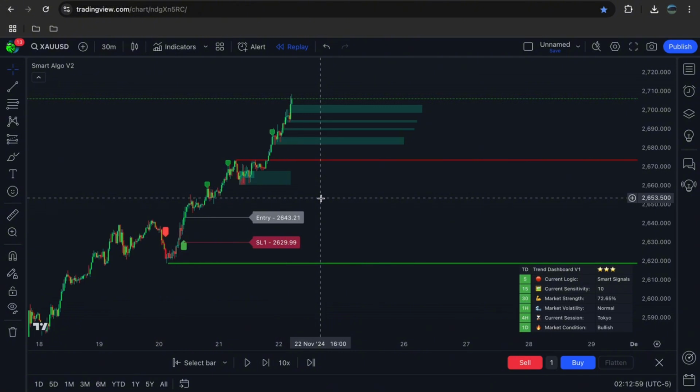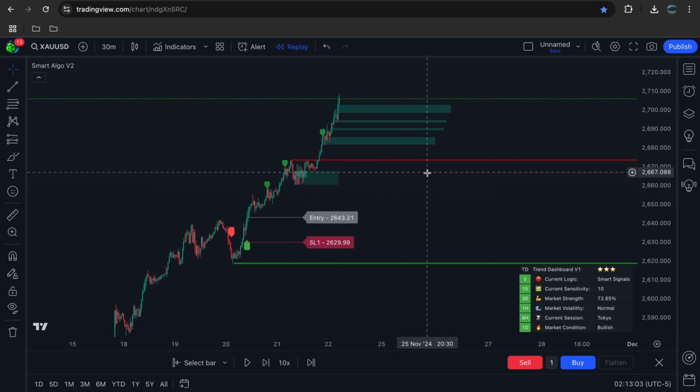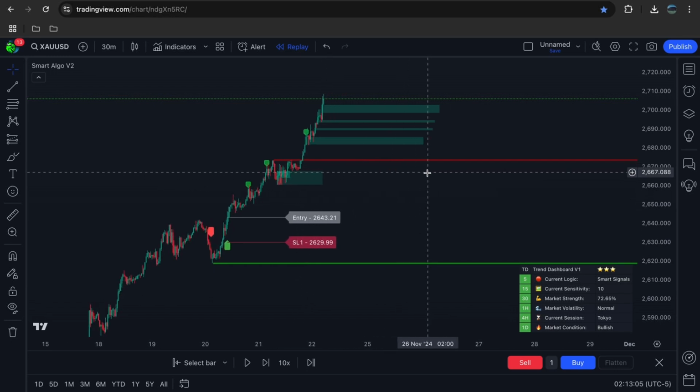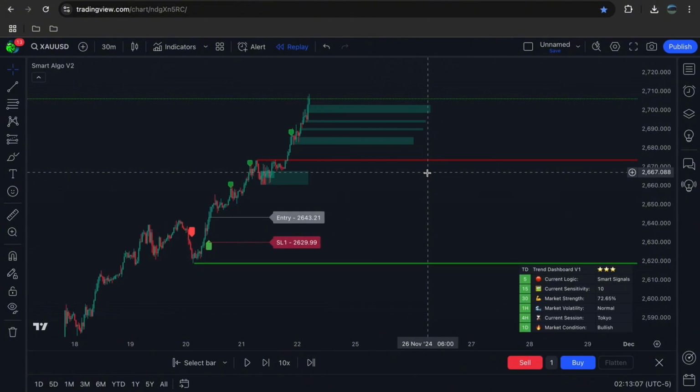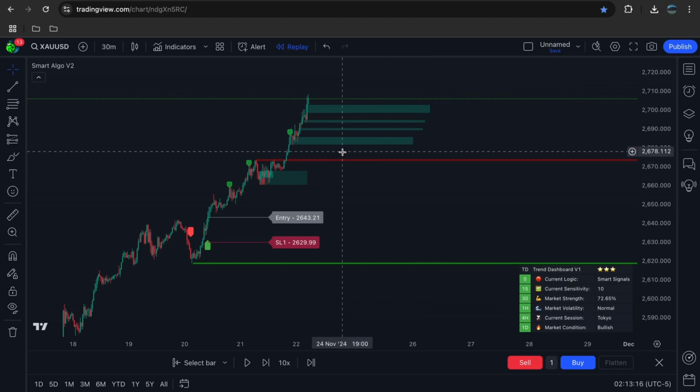Conversely, a red order block signals a zone where sellers might take control. Smart Algo allows you to plot up to 3 order blocks at a time, giving you a detailed view of multiple zones of interest. What makes these tools even more powerful is how well they work in combination. For example, if you spot a fair value gap aligning with a support level or an order block, it's a strong signal that the price could react in that area.